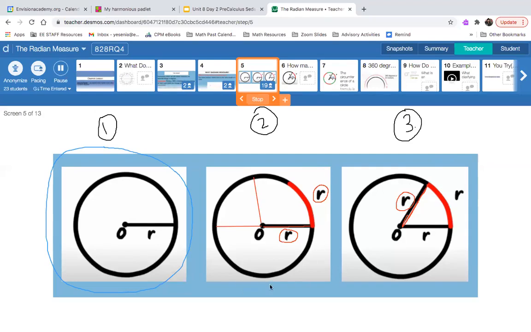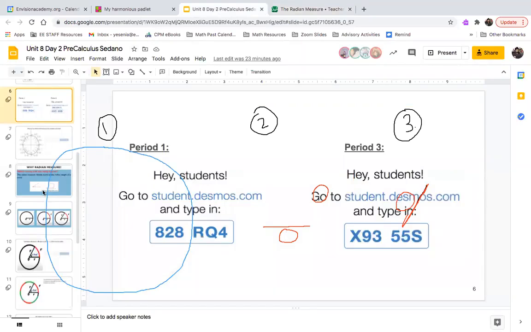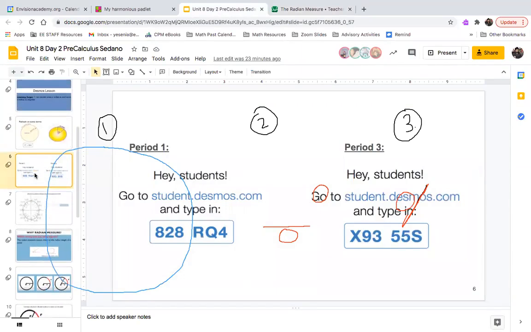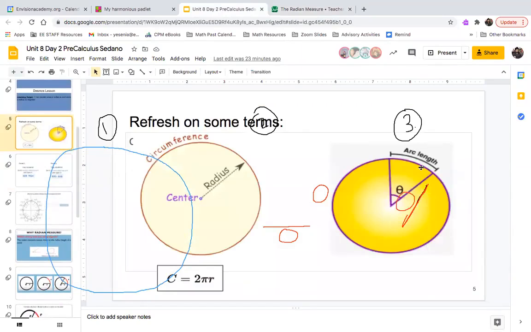What I virtually did, to go back to our definitions, is I created an arc length. Remember that definition on our slide? If you don't, let me just show you. Definitions, boom. I created an arc length, but I created it using the radius of the circle and draping it along the circumference.